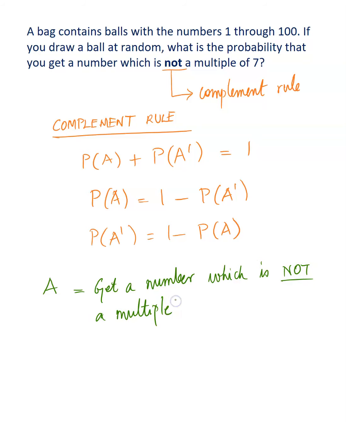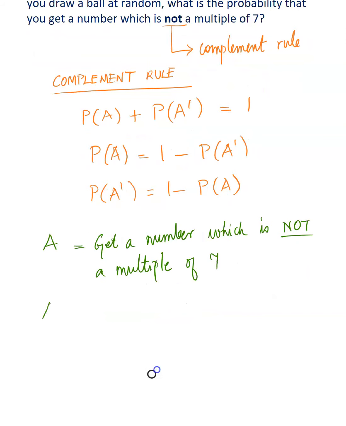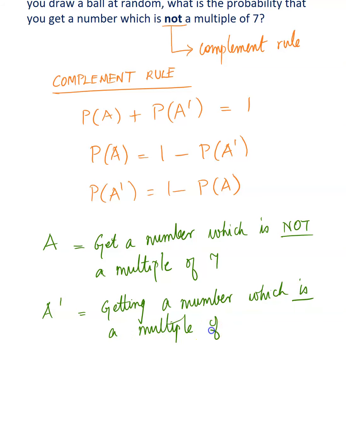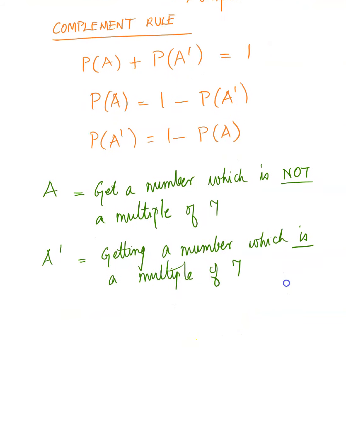So we define the event from the question. If A is not a multiple of 7, what is A prime then? A prime is getting a number which is a multiple of 7. Finding A prime, or listing out A prime, is so much easier.